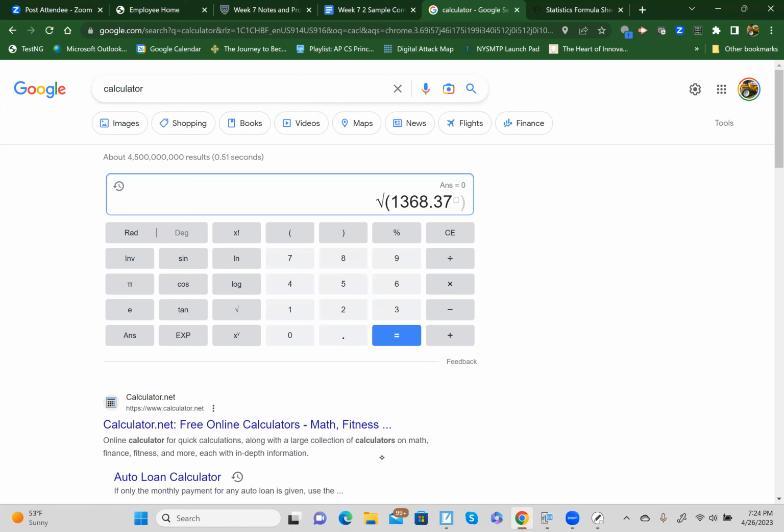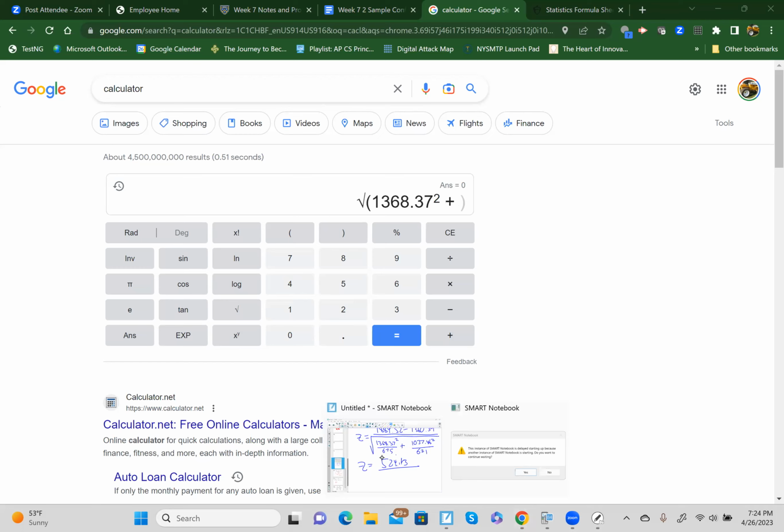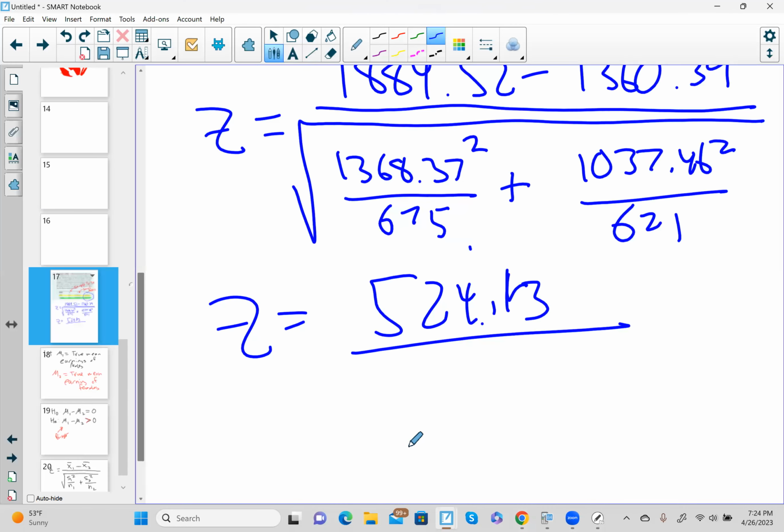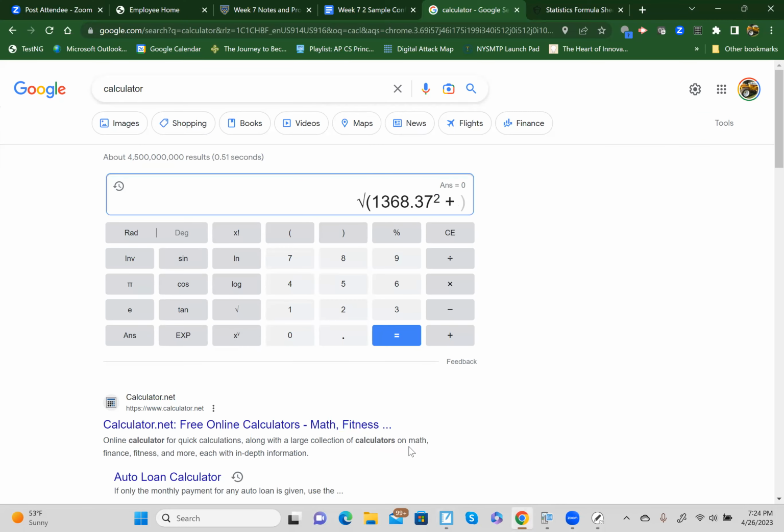If you press x to the y 2, now you can see that exponent. Then I'm going to do plus, and then the other number was 10037.46, x to the y, squared.